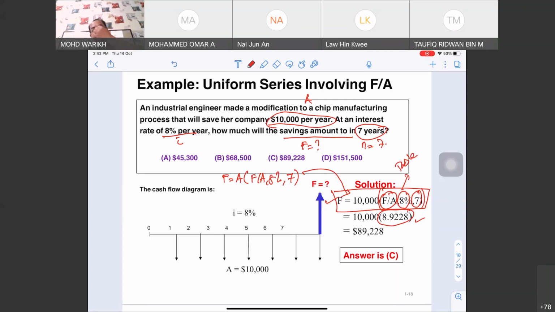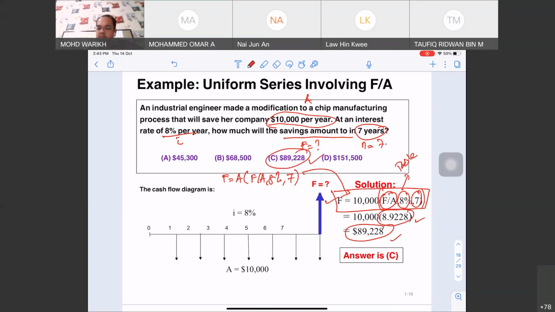It depends. For this one, because it just says the saving for a company is 10,000 per year, that means they have to pay every year. That's why the arrow is an outflow, this is down. So we get this number, and the answer is C.